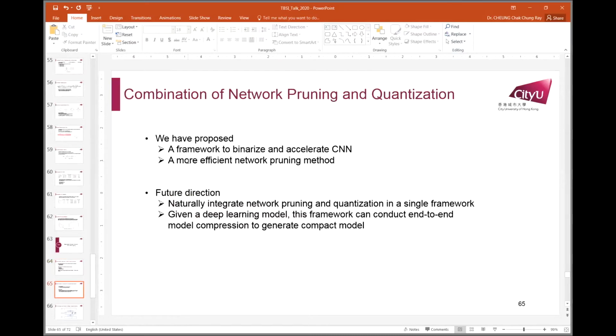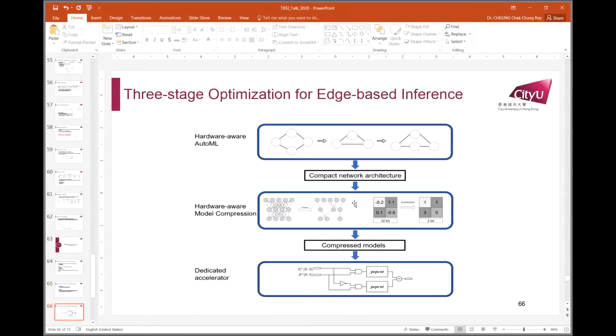And also we have this very efficient network pruning algorithm to minimize the internal parameters. At the moment, we are trying to integrate them with a new PhD student this year. So we are working to combine the two together in one framework. And we hope to open this work to the community, just like what RISC-V is doing. We hope this part can benefit the research community.